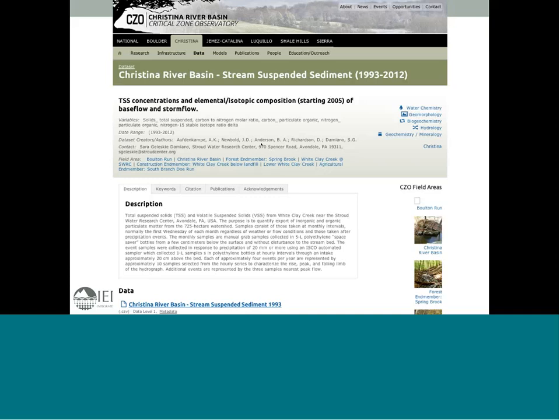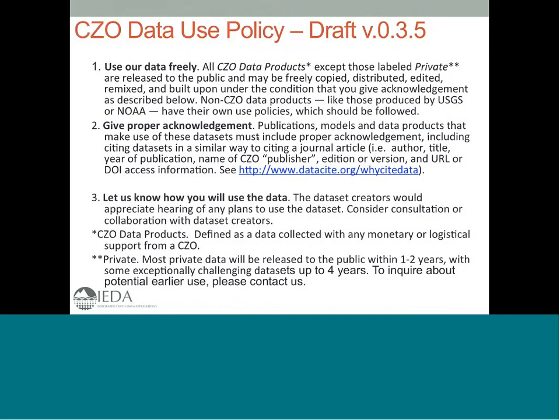Kerstin, you want to go to the next slide? Okay. So at the bottom of every one of our data pages, there is a CZO data use policy, which I'm going to discuss a little bit here about how we plan on doing this. But before I jump into this, Kerstin just described in general the concept of data repositories and described in detail what AIDA offers with its repository.